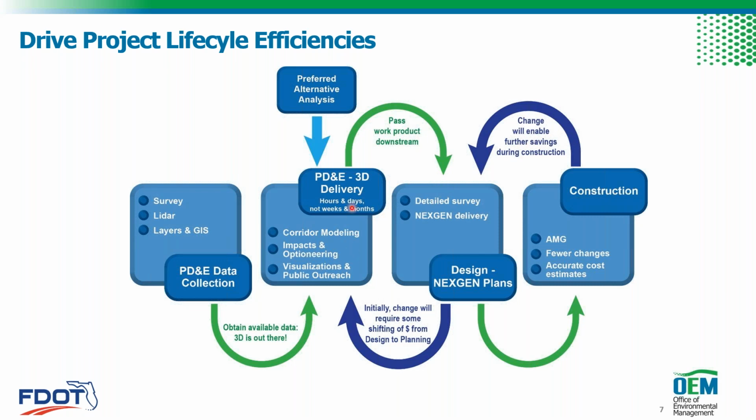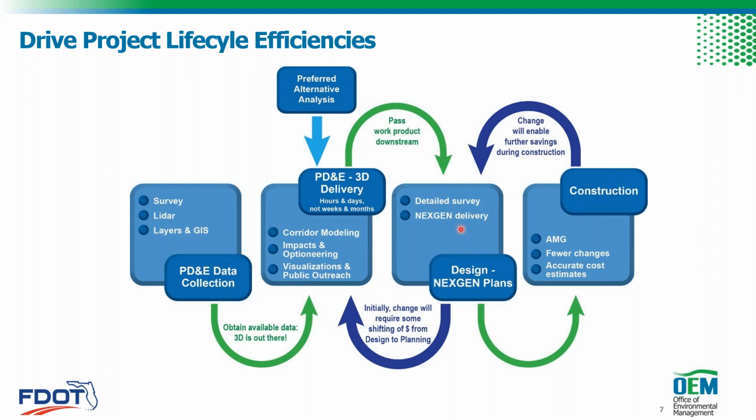But if we're passing 3D data from PD&E, we're able to positively impact our plans production, especially as we're moving into next gen delivery, which is now the requirement. So all of our new projects as of January of 2021 should be leveraging the Open Roads Designer or Civil 3D as the platform in which to develop their projects.